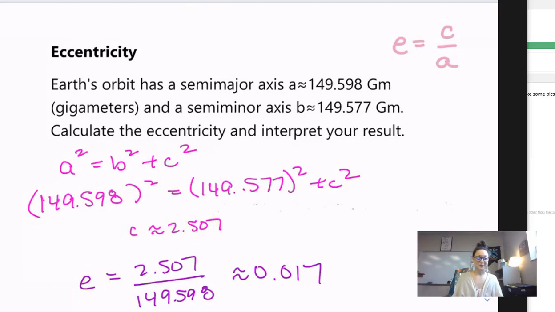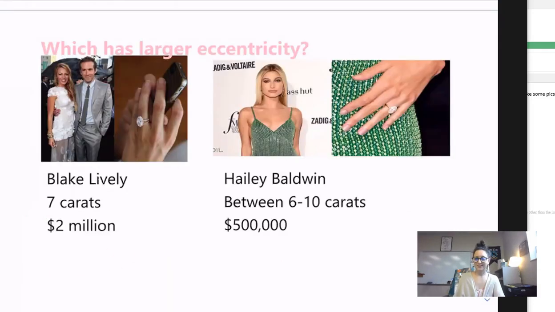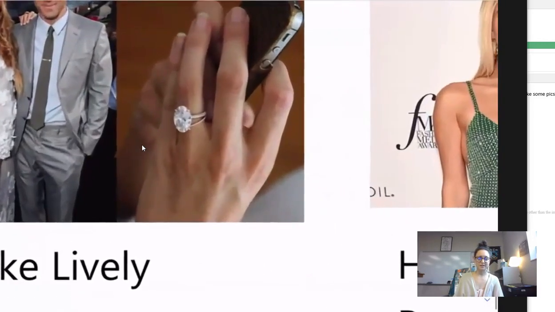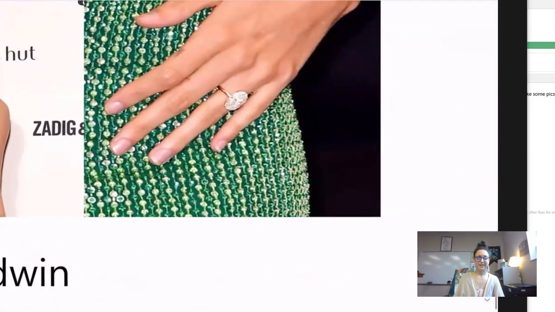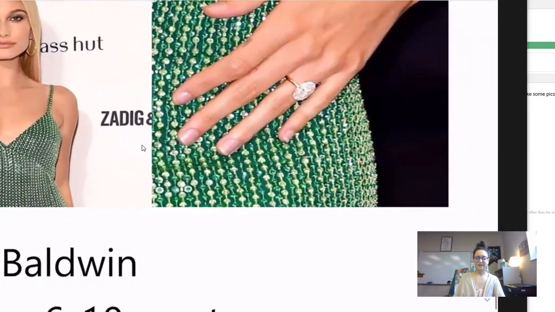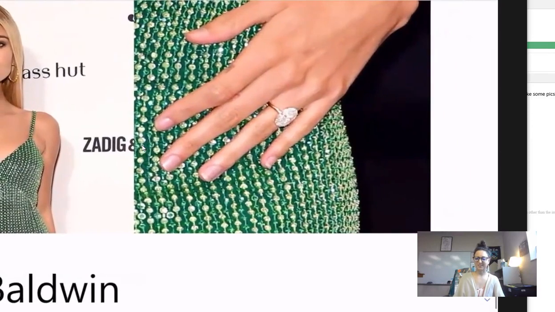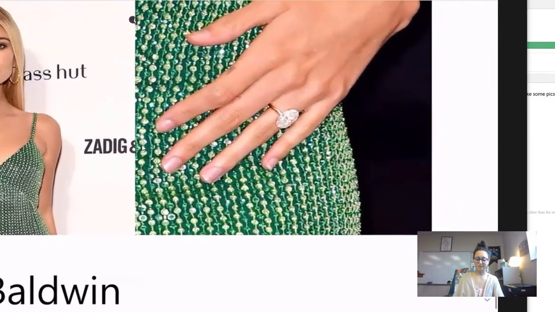Okay, so take a look at these celebrities' rings. You can see quite the difference between Blake Lively's ring and Hailey Baldwin's ring. Can you tell maybe which one has the larger eccentricity? Okay, can you see here that Hailey's is less circle-like, like it's more oblong?